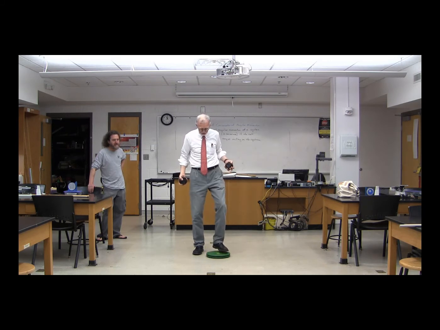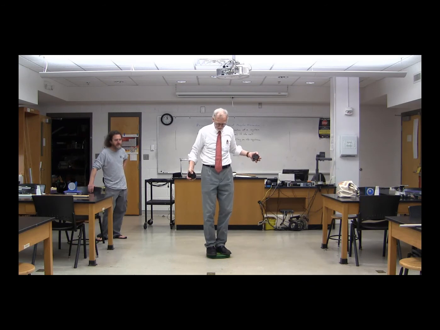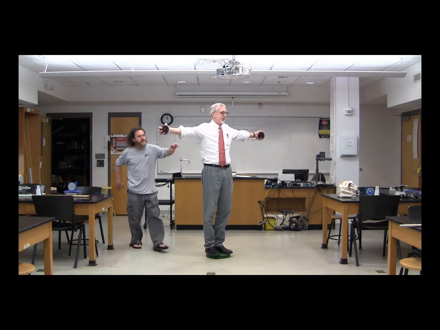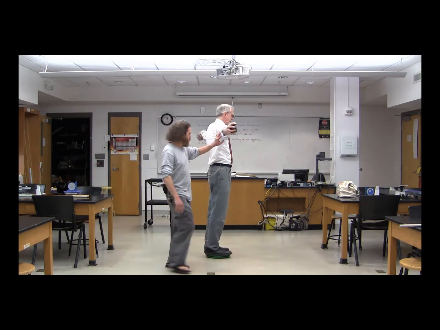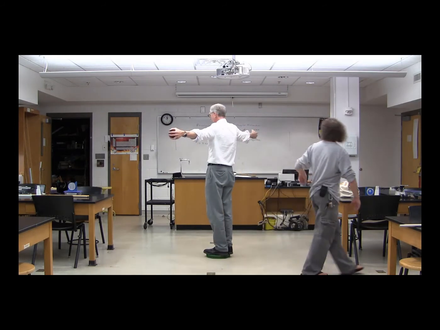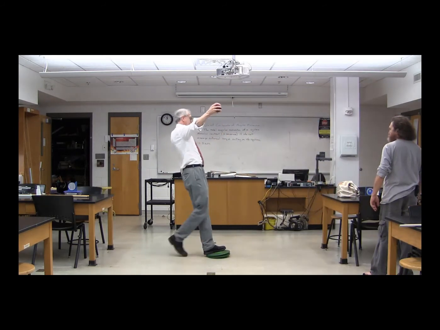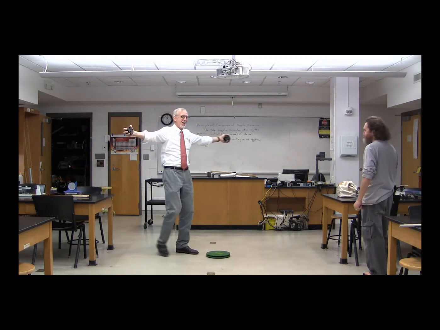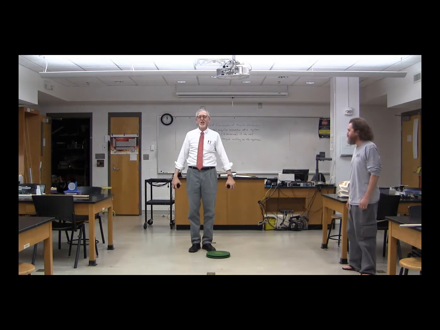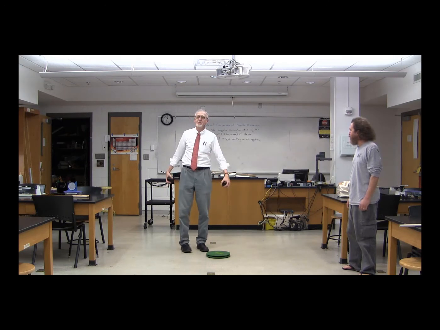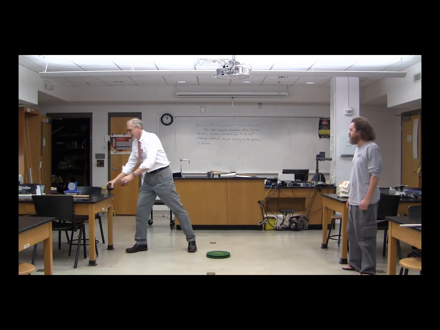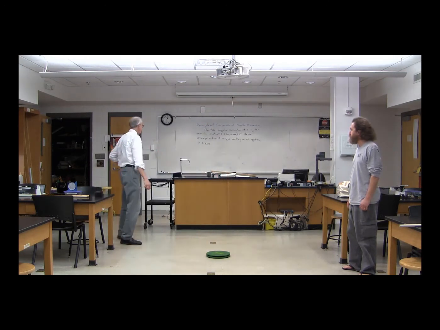Let's try it one more time. Okay, Fred? All right, hopefully you saw my angular velocity increasing before I fell off and added an extra torque, but there we go. Now, let's take a look at one more thing.